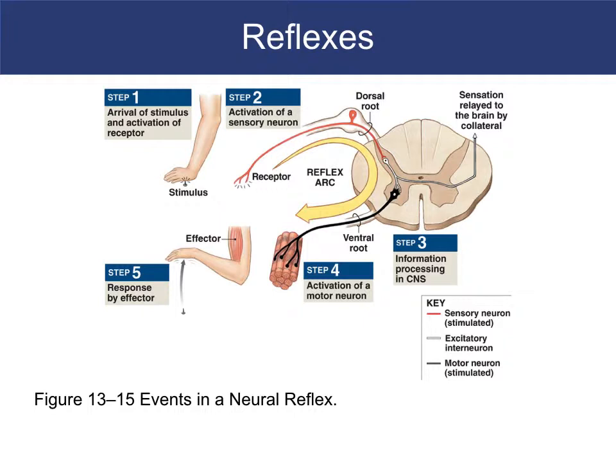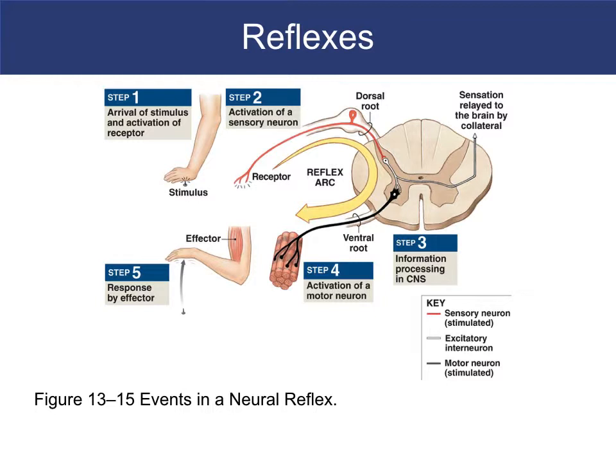There's the cell body right there, and then it carries it on into the spinal cord here. This one is not a single one; it's a double. So it synapses on this neuron here, and this neuron is an interneuron, and it synapses on this motor neuron. Here's the motor neuron that then goes out through the ventral root, back down to the muscle, and it makes you pull your hand back from it.